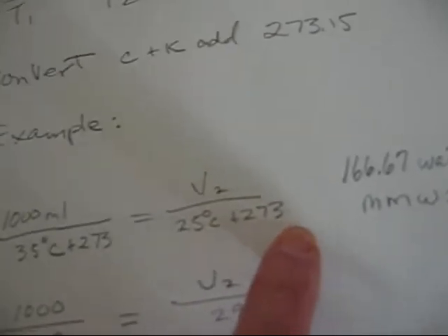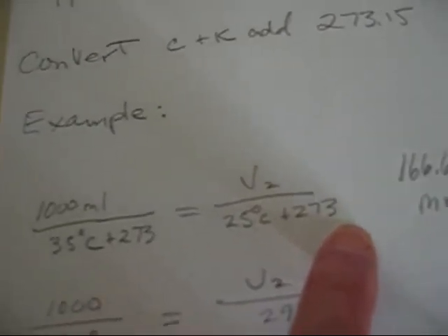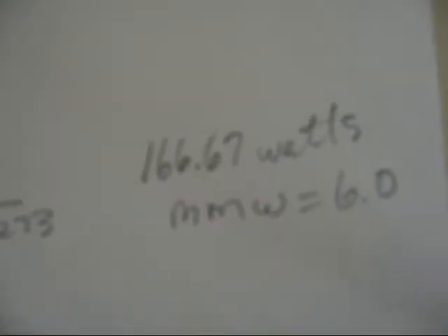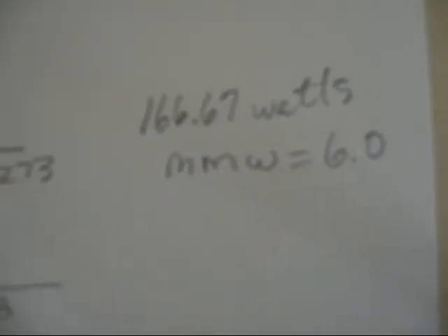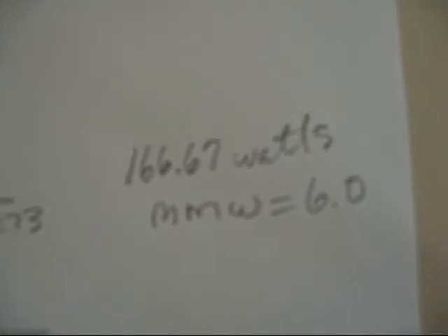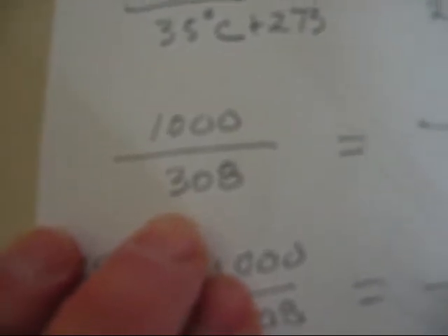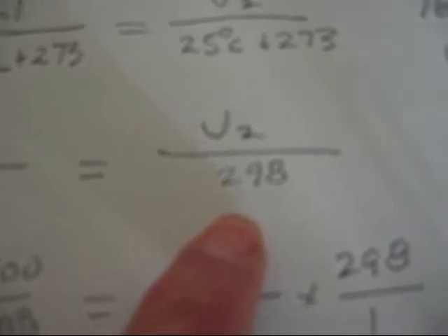I dropped the 0.15 just for example. Now, this example, 1,000 milliliters, was created using 166.67 watts. That yielded an MMW of 6. Alright, so we take our 1,000 and we divide it by 308, and that equals V2 at 298. And of course those numbers are just the degrees C with the Kelvin factor added.